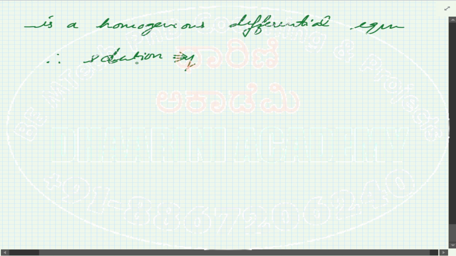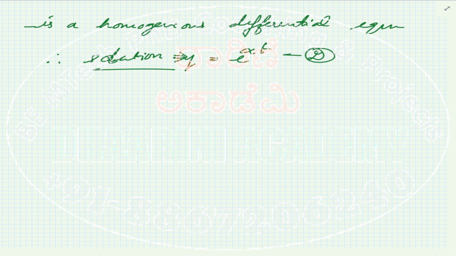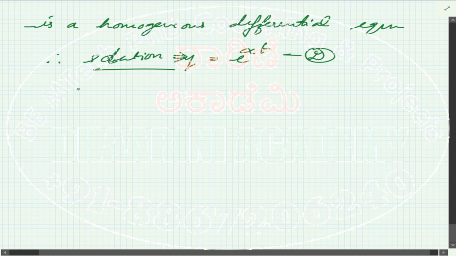y is equal to e to the power alpha t. Let's call this equation number 2. So let the solution be like this. We try to substitute this back in the original equation.